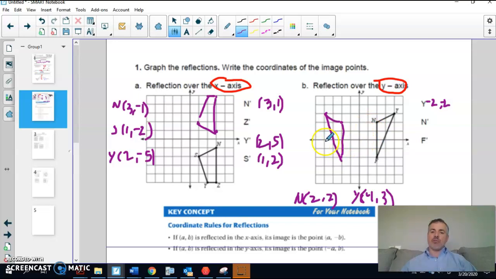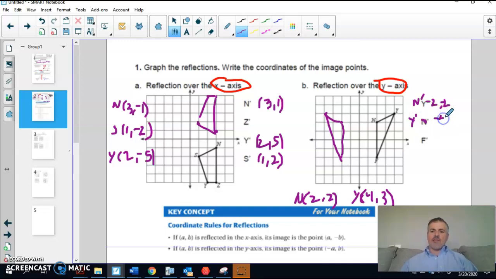So -4, +3. So you can see the pattern hopefully by now. Oh, I switched these by accident, so this should be y prime. But I just wanted you to see the pattern. So that's at -4, +3.